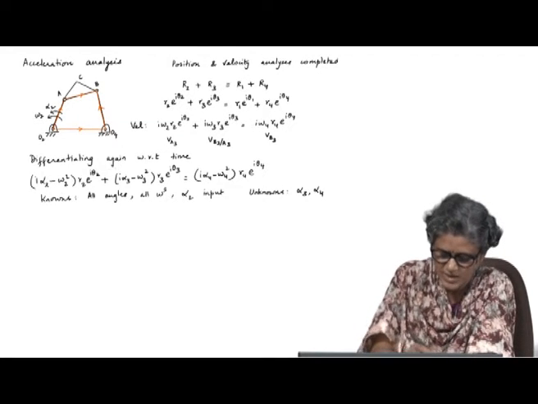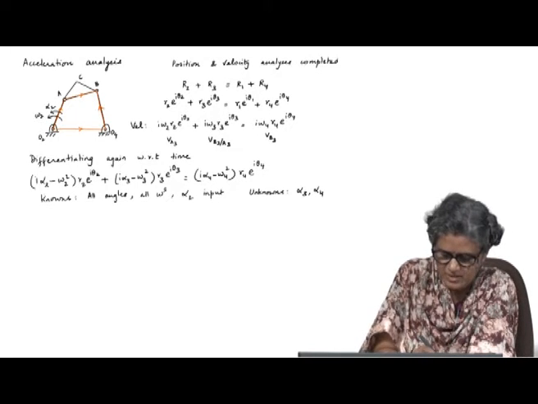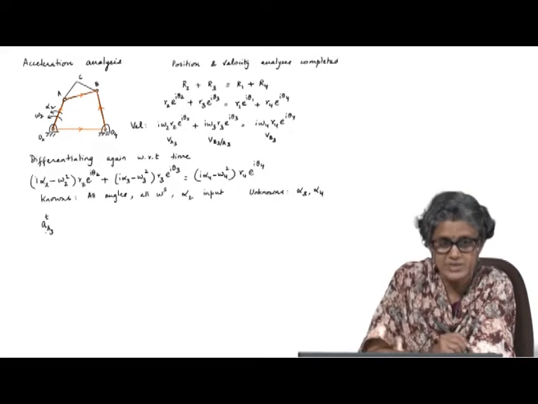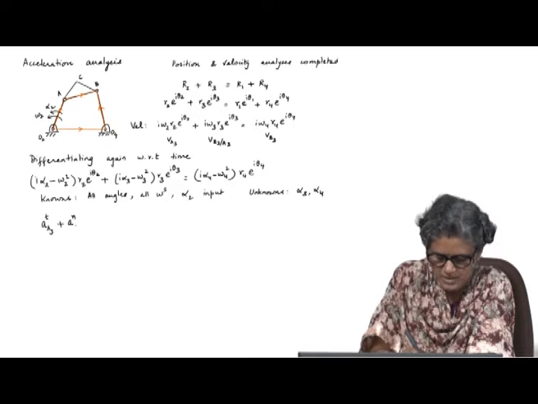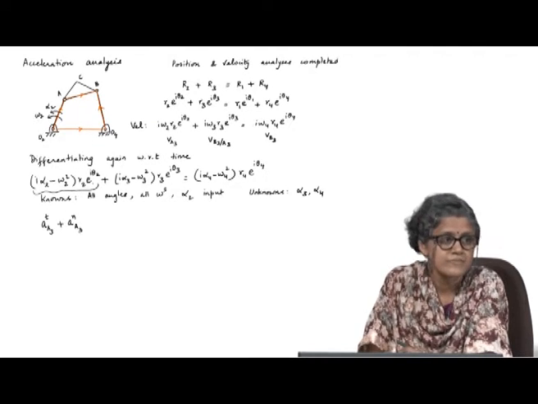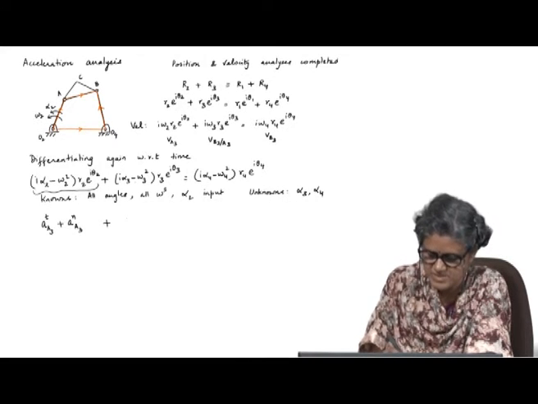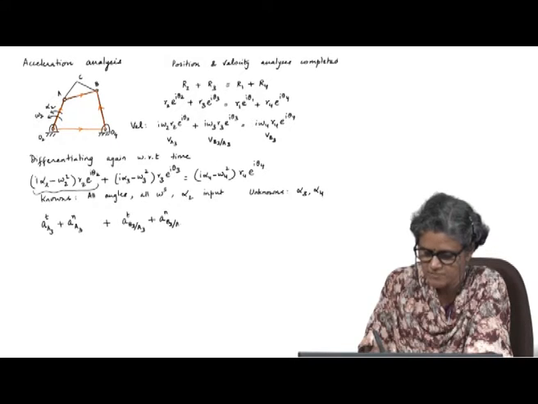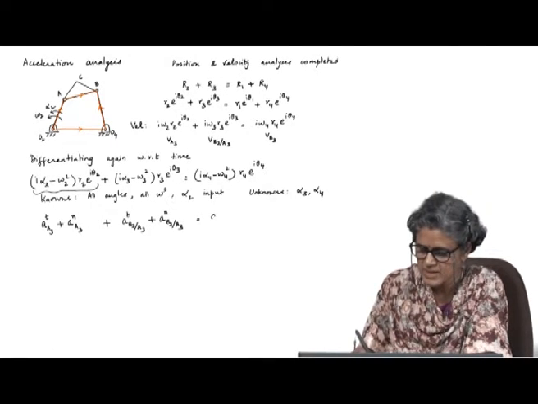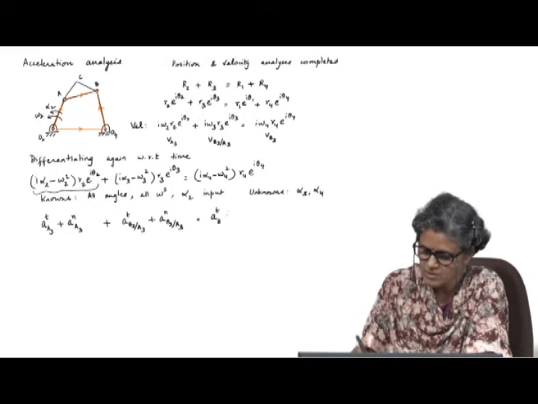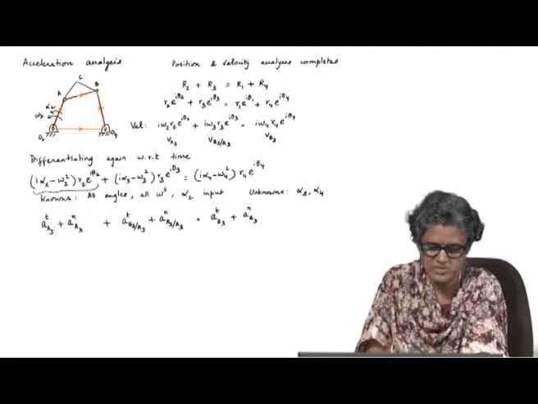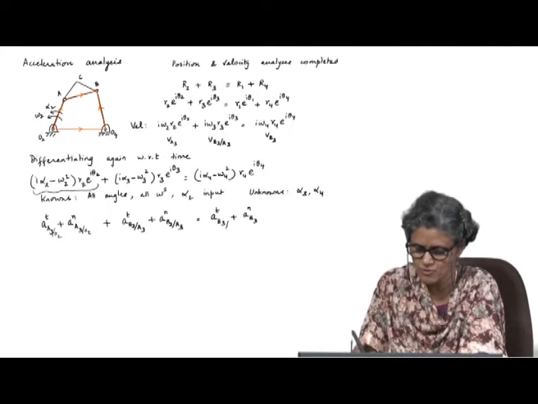Now, let me solve this. So, I can split this up as A tangential of A on body 3 plus A normal A on body 3, okay, plus this is A tangential B relative to A plus A normal B relative to A. This is A tangential B on body 3, A normal B on body 3, because these two are absolute because they are with respect to the fixed pivot, O2 here, O4 here.